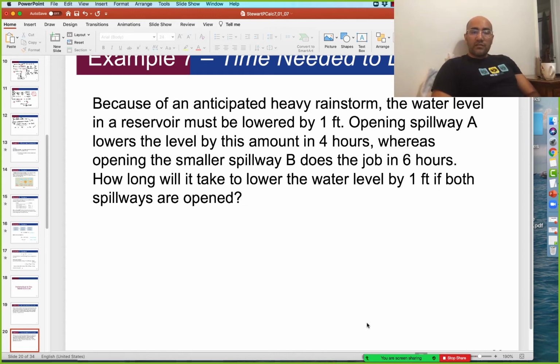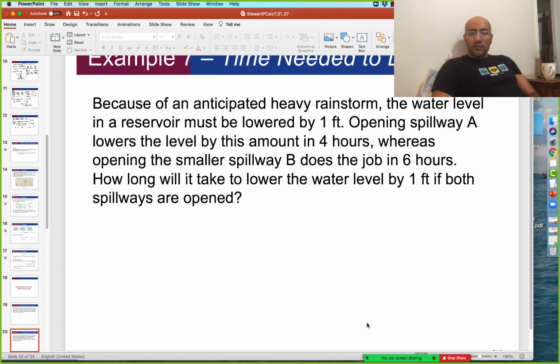Whereas opening a smaller spillway B does the job in 6 hours. So how long will it take to lower the water level by 1 foot if both spillways are open?